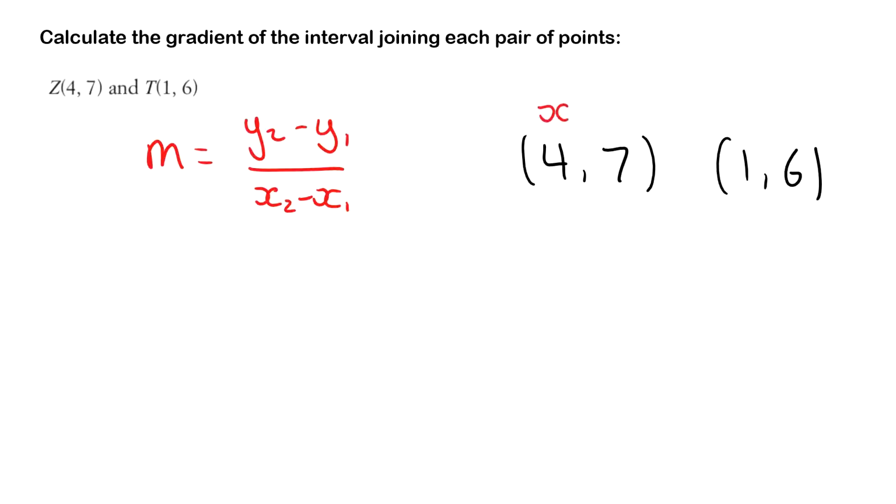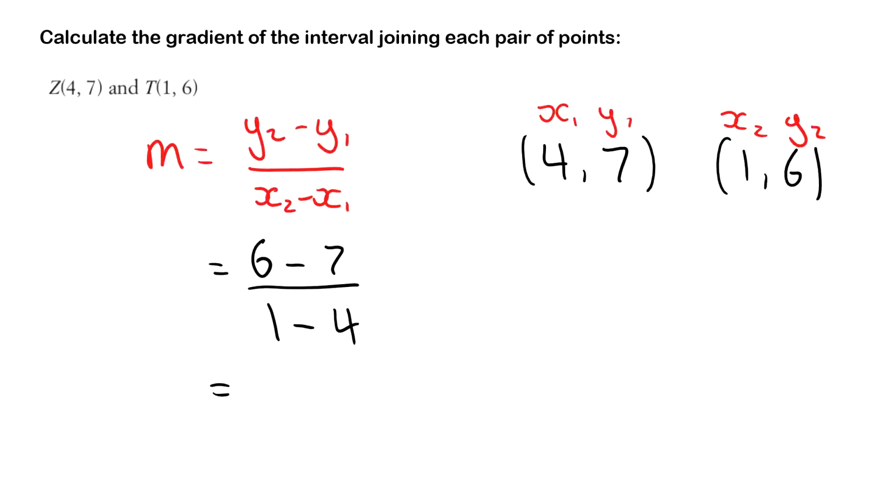So we have x1, y1, x2, y2. We can then substitute these into our formula. At this stage, you can use a calculator. So the gradient for these 2 points, or the interval joining these 2 points, is 1 over 3.